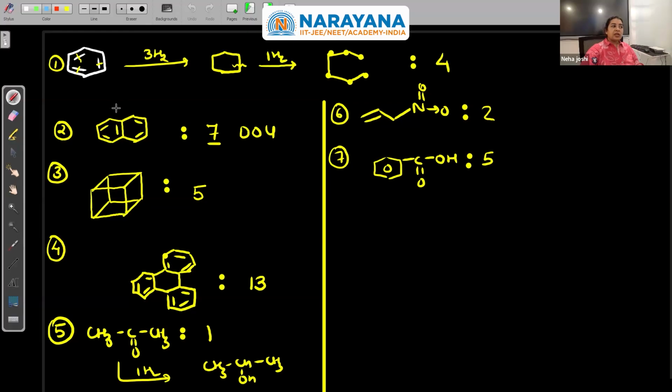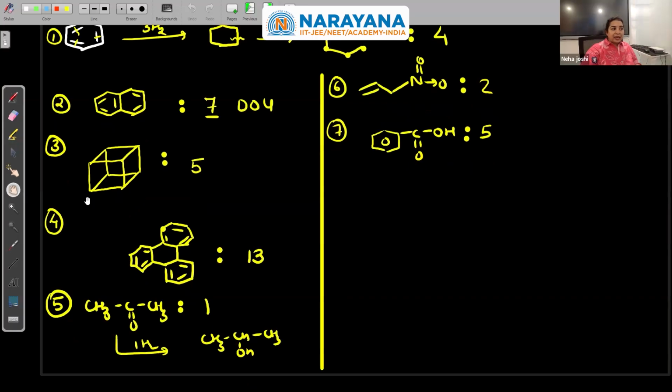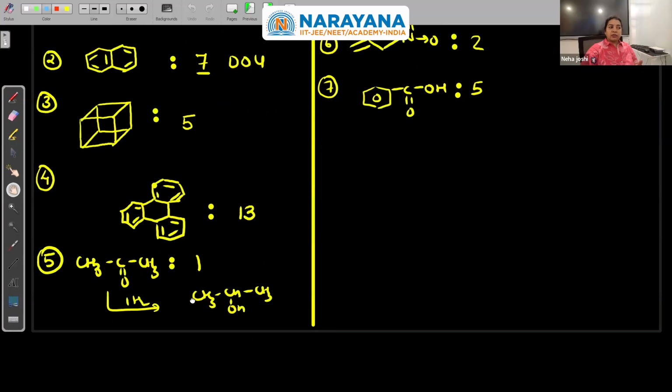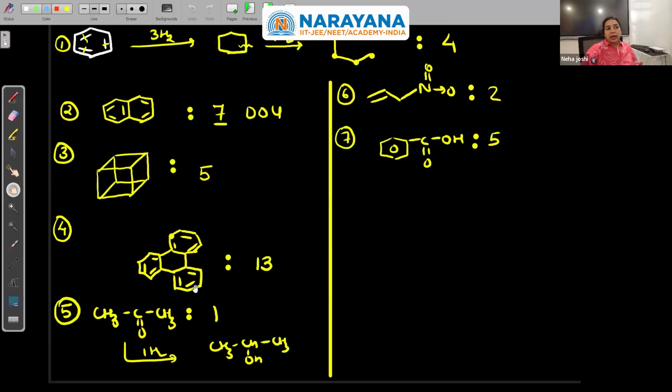Similarly, in naphthalene, 1, 2, 3, 4, 5, 6, 7, DOU is 7. In cubane, this compound is called cubane, 1, 2, 3, 4, 5 and so on, 13, and this is how you can do it.